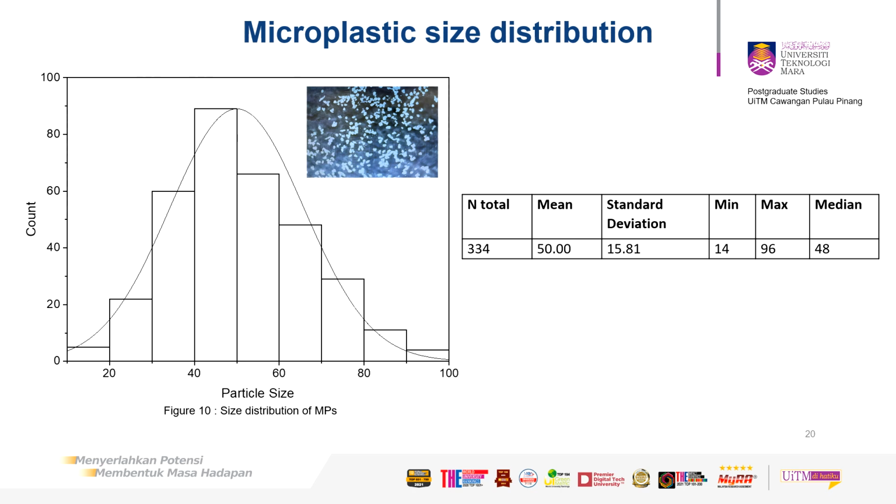The smallest recorded size of PPMPs was 14 micrometers, while the largest measured 96 micrometers. This gives an idea of the range of PPMP size present in this study, with the mean value of 50 micrometers, which indicates the central size around which most of the PPMPs are distributed.